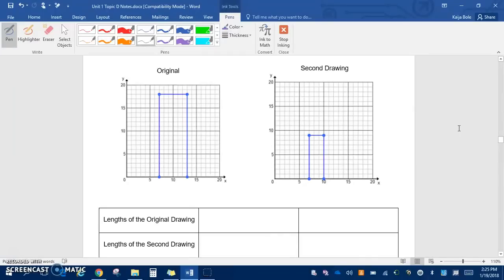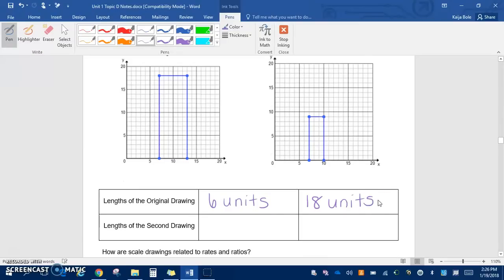So we're going to look at the original drawing at the lengths. And if we look at the length across the bottom here, we're going from 7 over to 13. So that is 6 units long. And then if we're going vertically, from the bottom all the way up, that is 18 units.